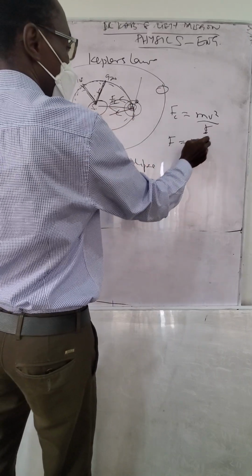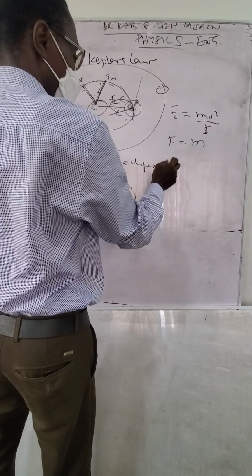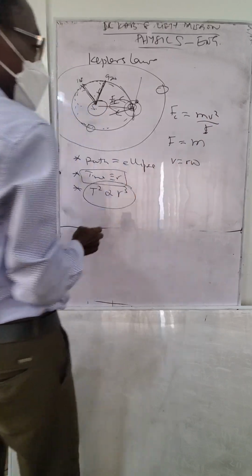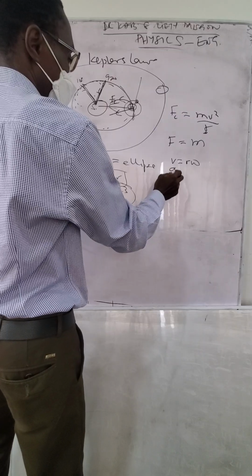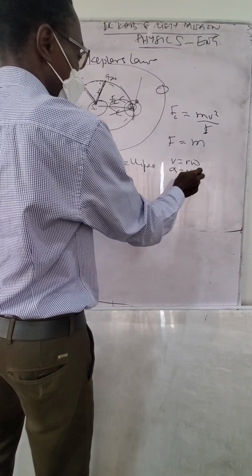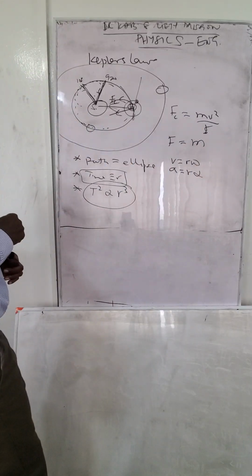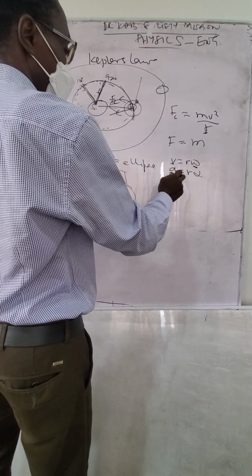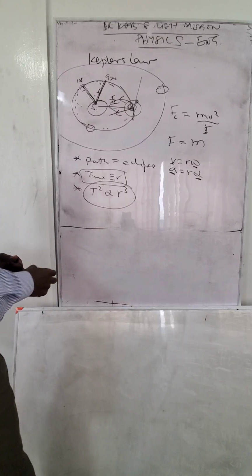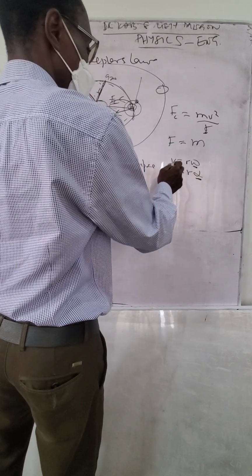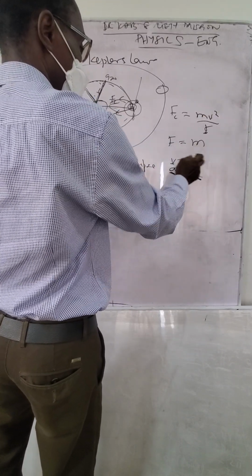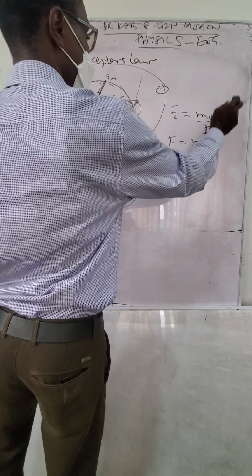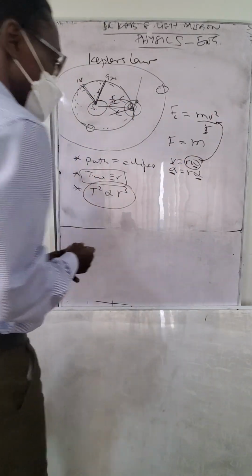This centripetal force can also be written like this: we know v is equal to r omega, just as linear acceleration is equal to r times angular acceleration. So in place of v here, we can put this here. Now let's see what happens.